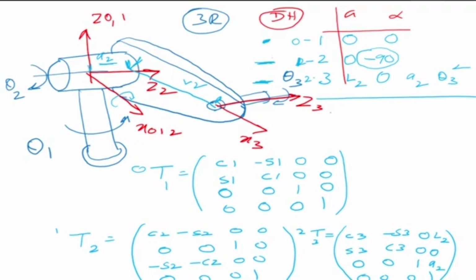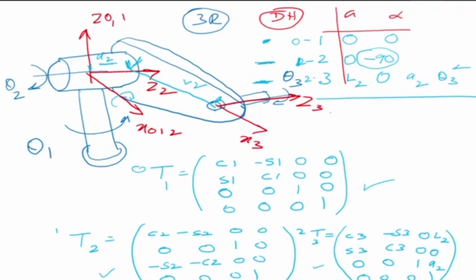So we have got T1 to 0, then T2 to 1, then T3 to 2. Now I can multiply all these three and end up with T of the third frame to the 0th frame. This is the way we proceed. Now a computer program would do it this way: we make this DH parameter table, which is a matrix.